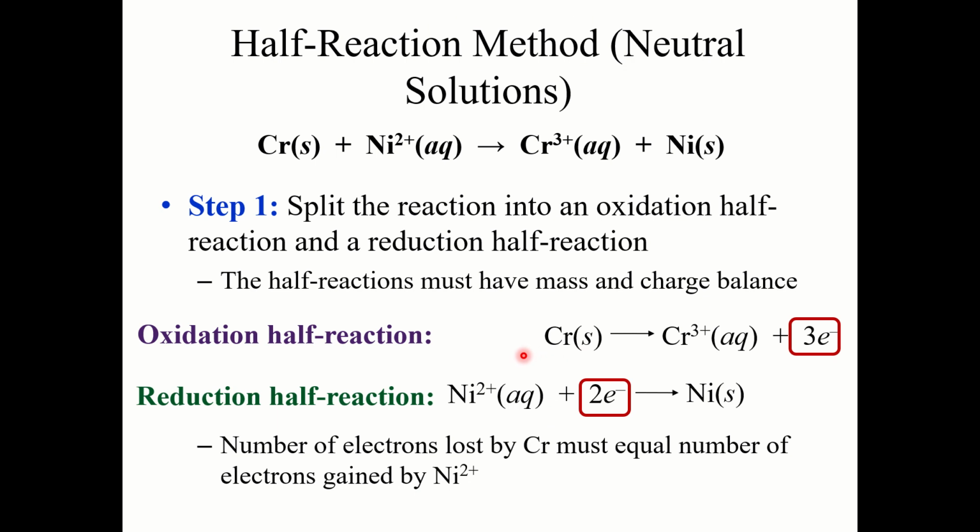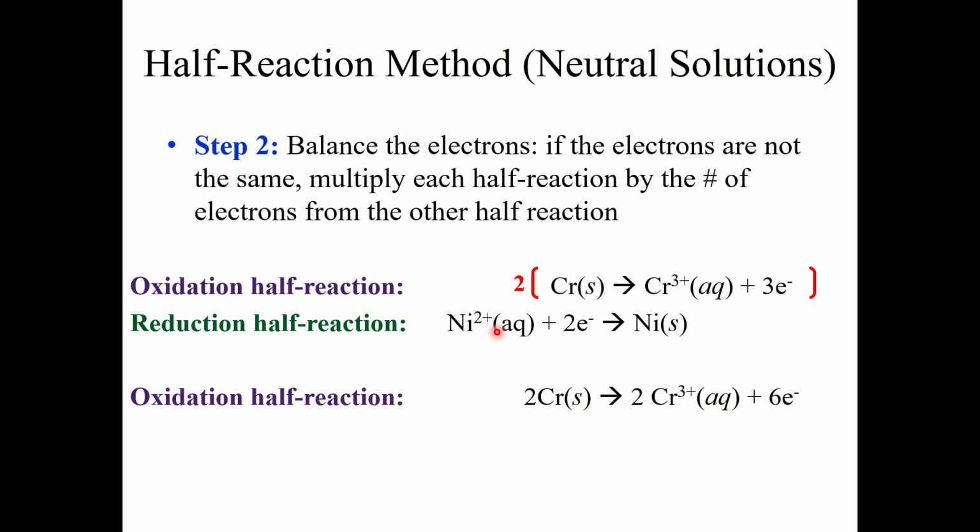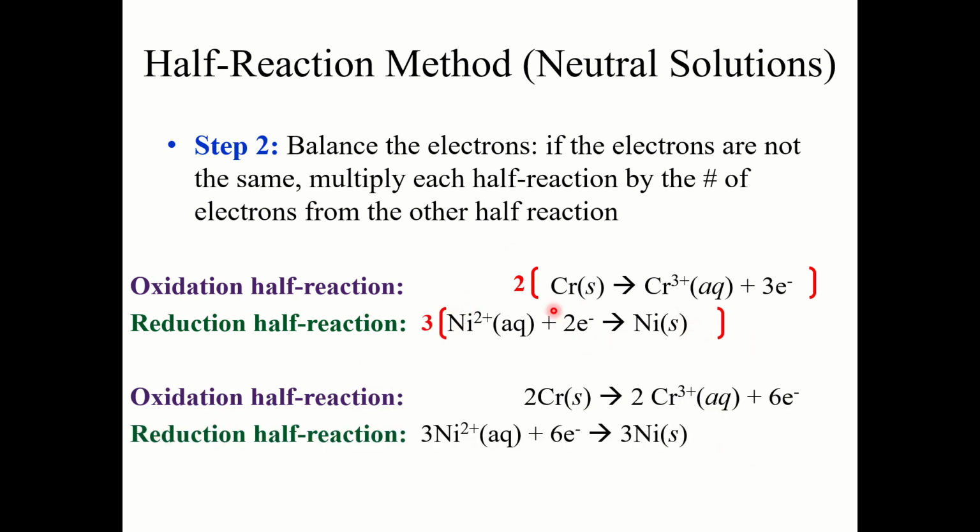What we need to do here is multiply by an integer. If the electrons are not the same, multiply each half reaction by the number of electrons from the other half reaction. So I'm going to multiply that first reaction by 2, and that second reaction by 3. I get 2Cr(s) forms 2Cr3+ plus 6 electrons. With my reduction half reaction, I get 3Ni2+ plus 6 electrons forms 3Ni(s).